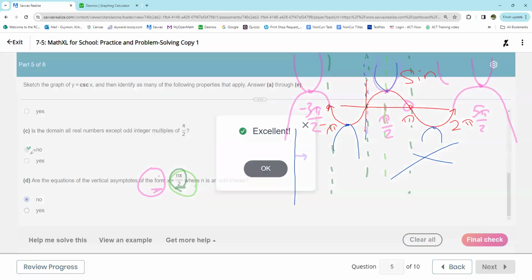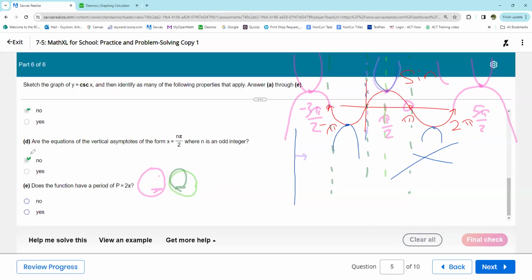And then my last question, does the function have a period of 2 pi? It seems like that would probably be right. I mean, we used the sine graph to get it. So for example, we'd go from here to here if we wanted one of these low parts and the high parts of the cosecant function.